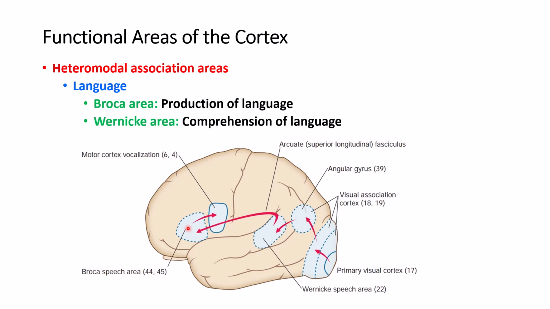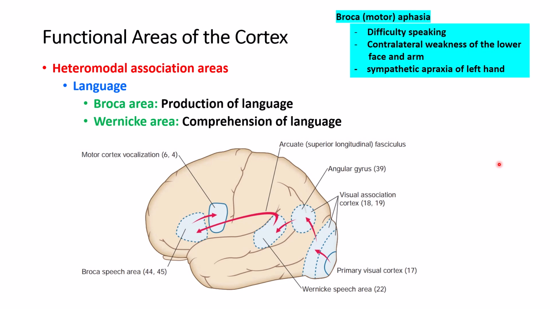All of them are coordinated by Broca's speech area, and they are connected to each other by the arcuate fasciculus, which is part of the superior longitudinal fasciculus, which I talked about before and will come back to. If this is damaged, the person is not able to repeat what they were saying.